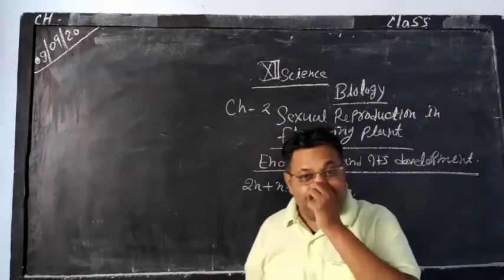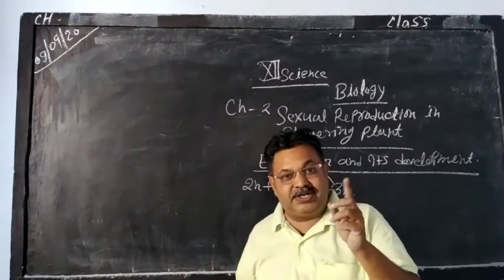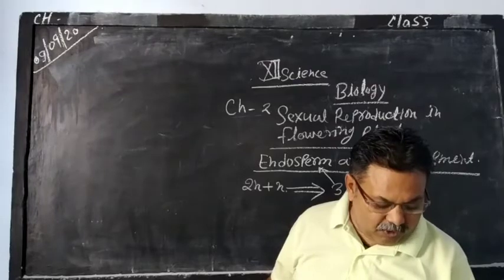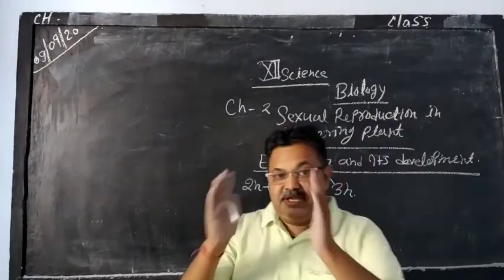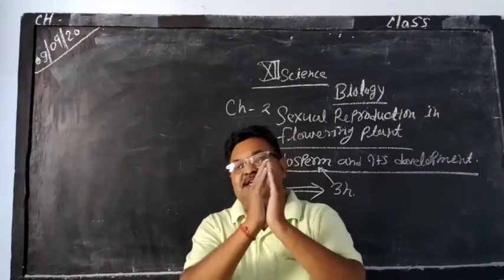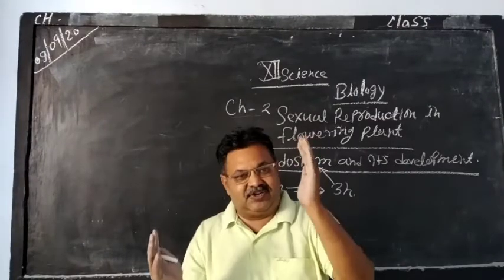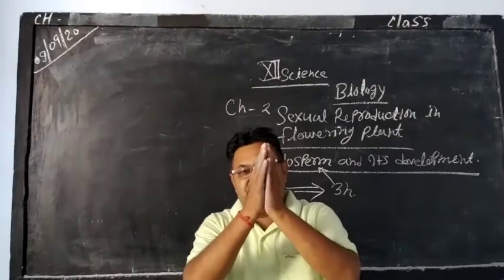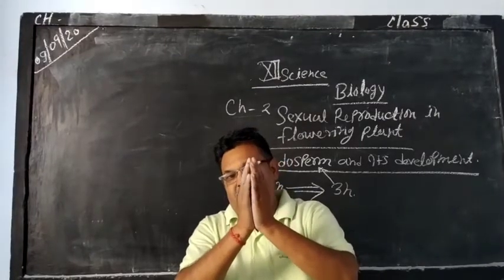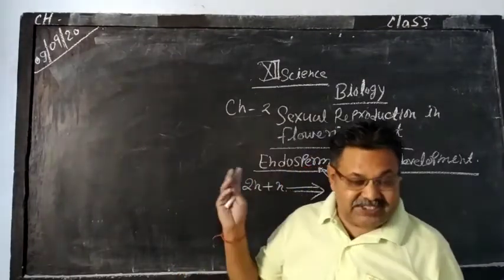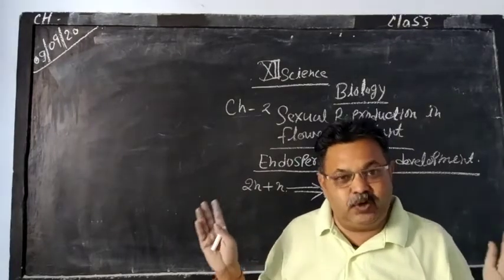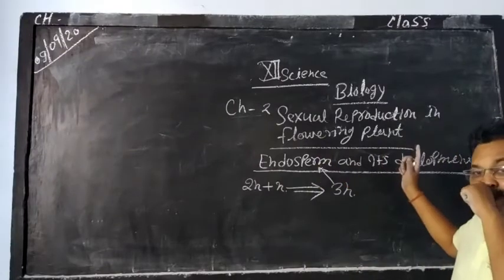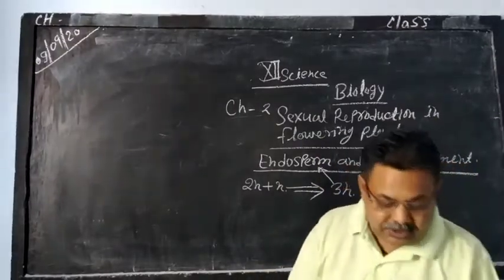In monocot, the position of plumule is lateral, but in dicot the plumule is found between the two cotyledons. This is one cotyledon and this is another, and this is the plumule. So the plumule is inside the two cotyledons. Okay, so this is the difference between the endosperm of monocot and dicot.